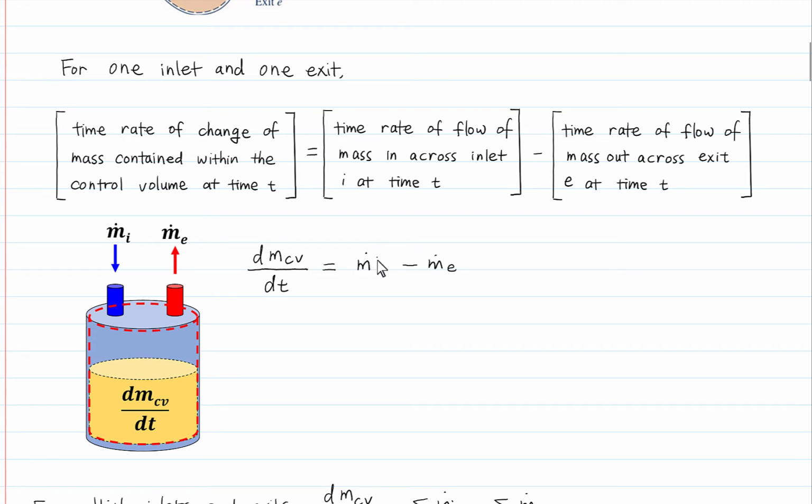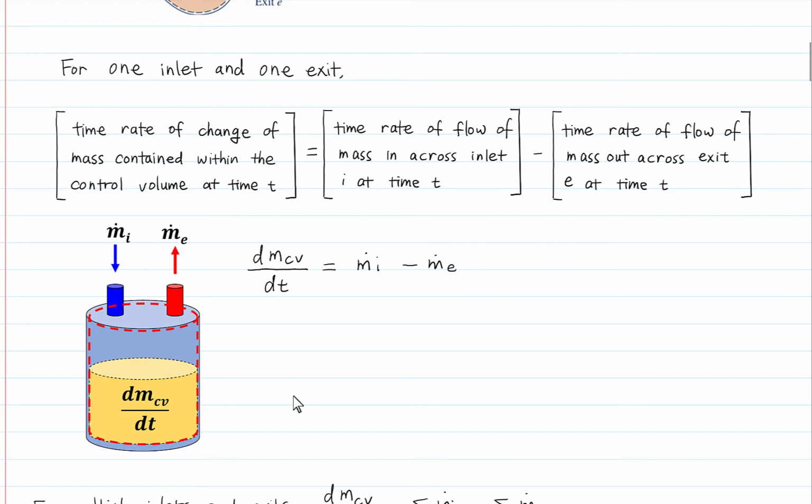M dot subscript i, time rate of flow of mass in across inlet i at time t. M dot sub e, time rate of flow of mass out across exit e at time t.